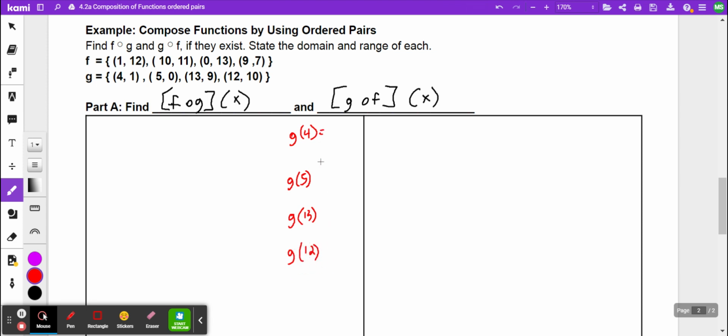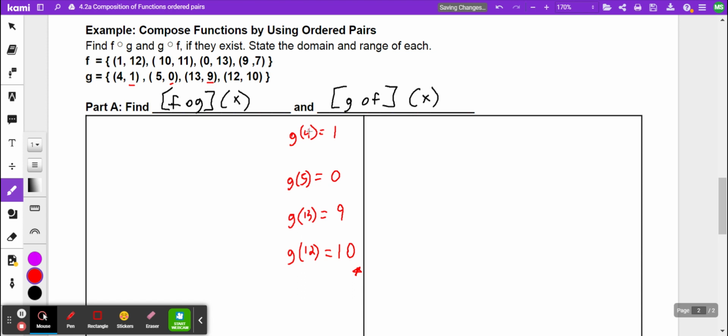Here's our side work right now. Well, if we plugged in 4, our output is going to be 1. And if we plug in 5, our output is 0. And if we plugged in 13, our output is 9. Hey, what if we plugged in 12? What should we get? All right, we're going to get 10.